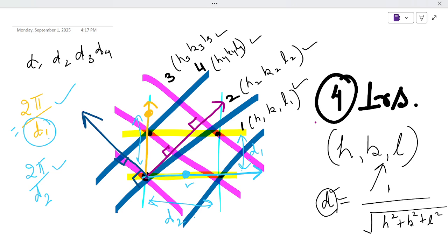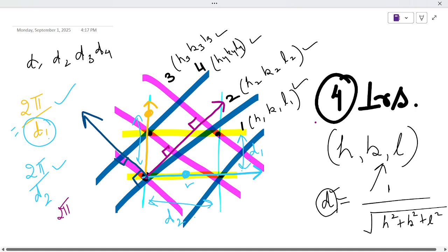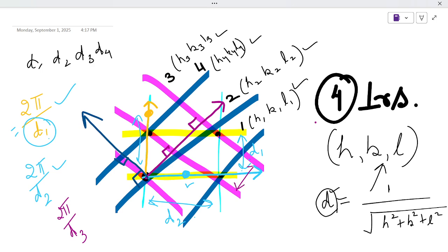Next, we want to find this on the third set of planes, that is pink, and that will be 2 pi by d3. This is my d3. So you will get the point almost here.